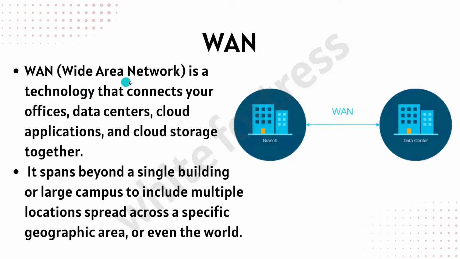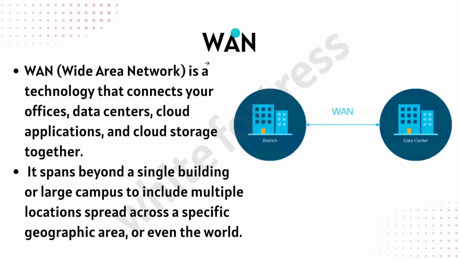That is your wide area network. A wide area network is a technology that connects your offices, data centers, cloud applications, and cloud storage all together. For example, I uploaded a video on the YouTube channel. Ultimately, where is that video saved? In the cloud. What is the cloud? Not something in the sky, but data centers.